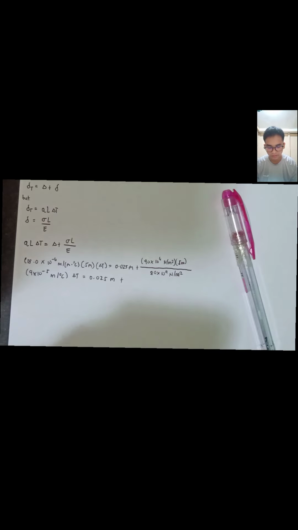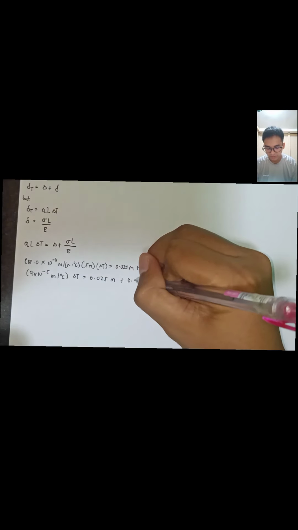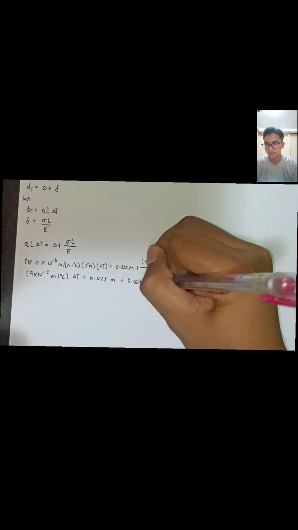Maka-cancel, ang magiging unit nito is meters na lang kasi cancel yung Newton, tapos yung meter cube, tapos meter squared. So, plus 0.0025 meters.